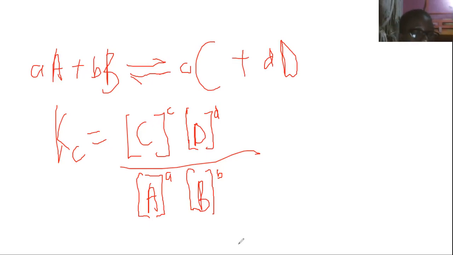Hence, they cannot appear in equilibrium constant expression. Have you gotten that, please? Yes. Okay.